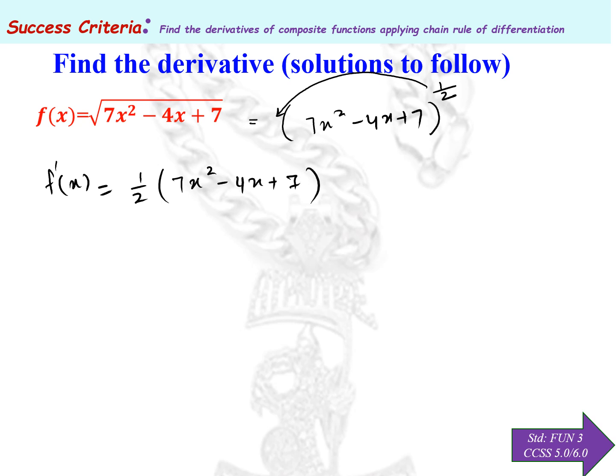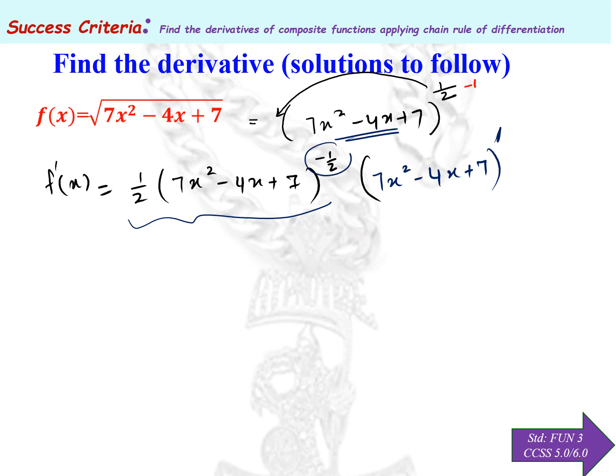From the power we always subtract 1. So half minus 1 will give us negative half. Now write the inner function, which means only the bracket function, as it is, and put a prime. In this step there is no prime yet.